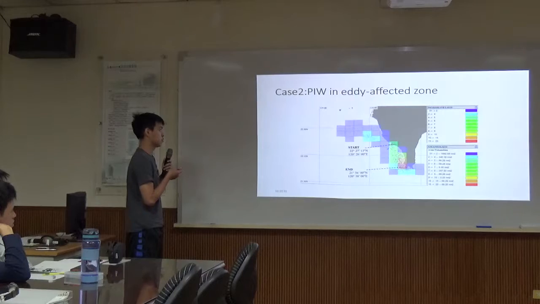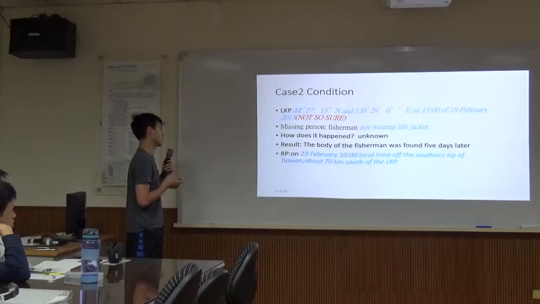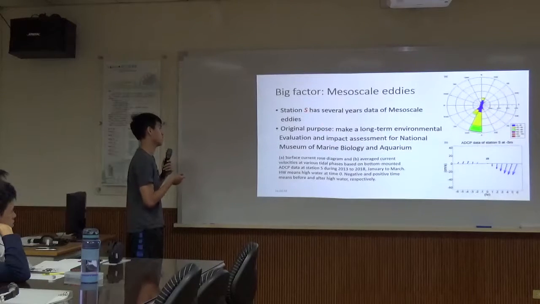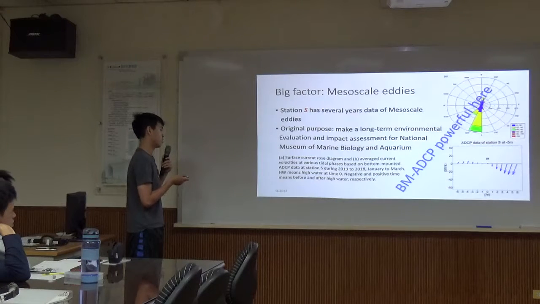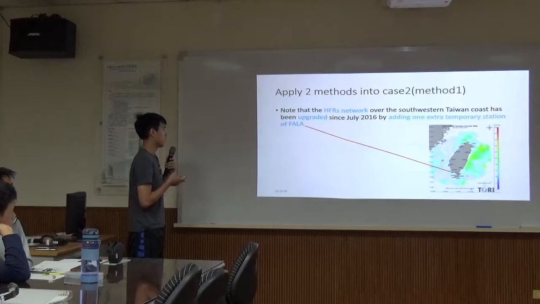And case 2, the wind leeway effect is almost the same as case 1, so we will skip it. It's almost the same, just this one difference. The big factor is the mesoscale, so the mesoscale will look like this one and this one. It's different from case 1. This one, ADCP has played a powerful role here.